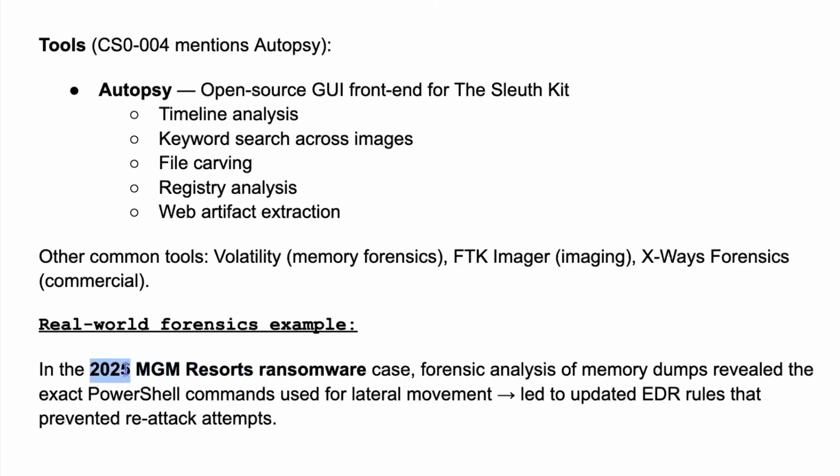And another reason is that it happened recently. It happened 2025. I'm recording this January 2026. So in this particular case, the forensic analysis of memory dumps revealed that the exact PowerShell commands that were used for lateral movement led to an updated EDR rule that prevented reattack attempts.